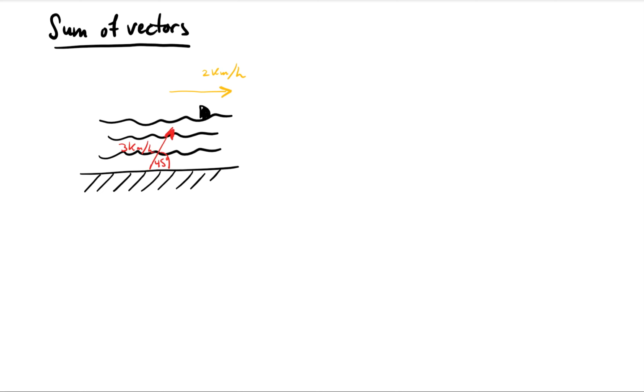What we'd like to know is how fast the swimmer is swimming with respect to the shore. So if someone standing by the shore looks at the swimmer, what is the impression for that person? How fast does the swimmer swim, and in which direction with respect to the shore?